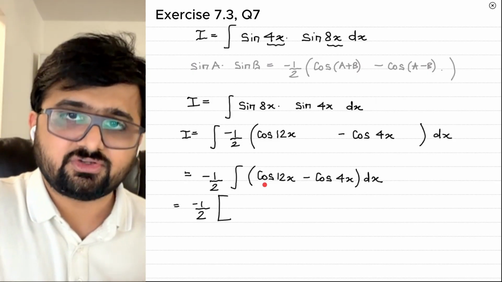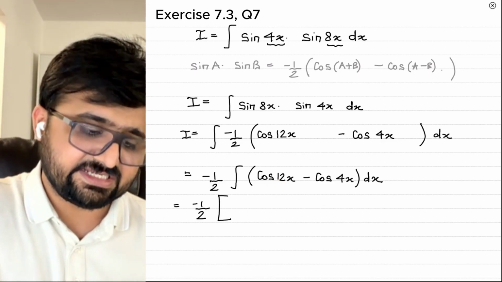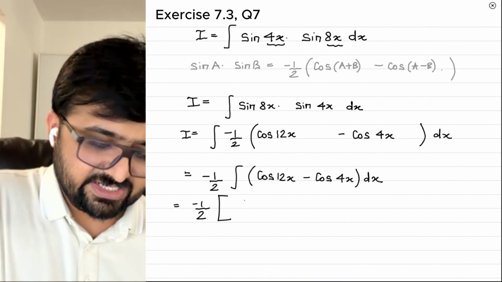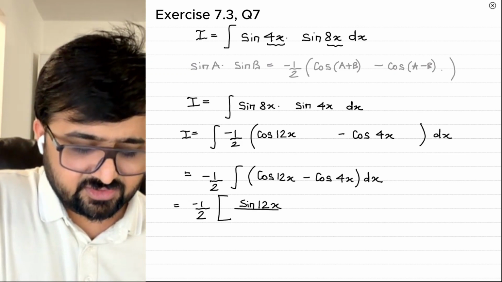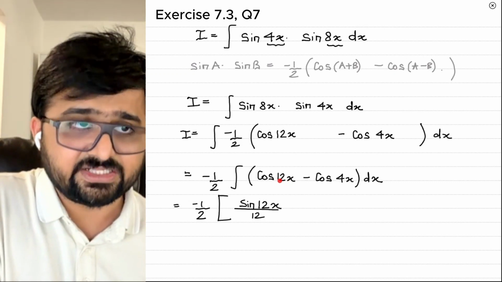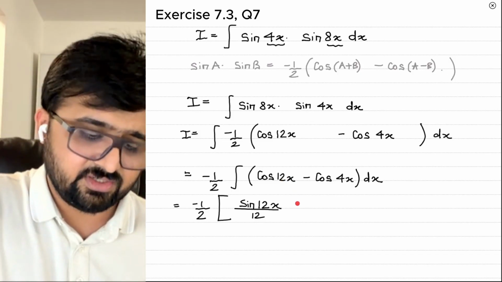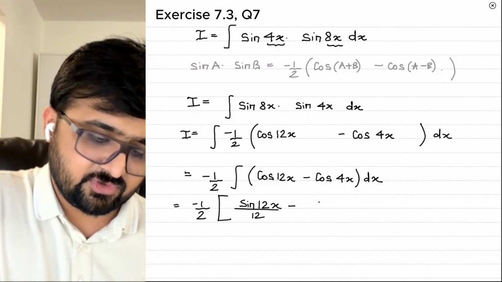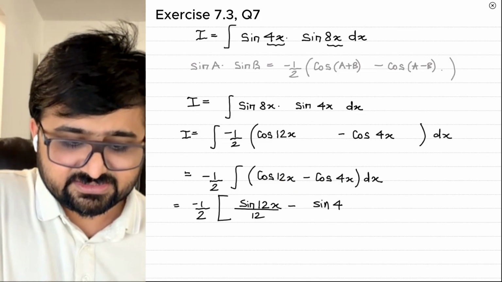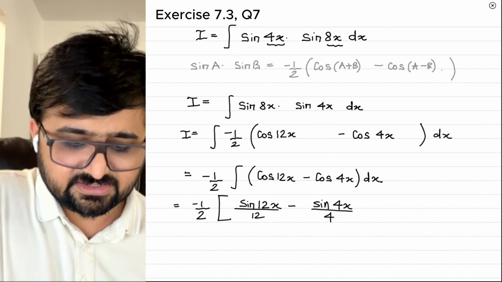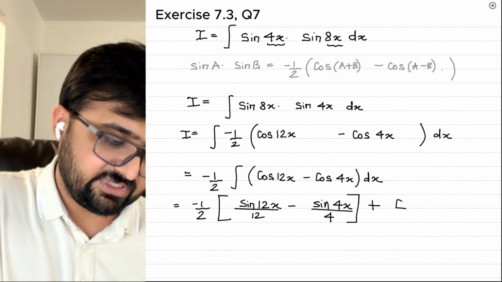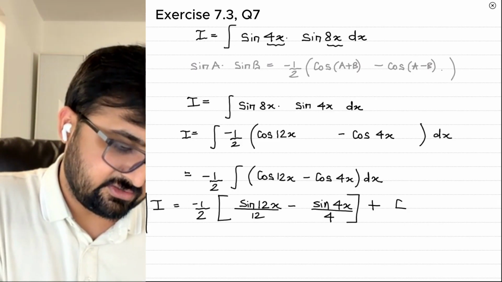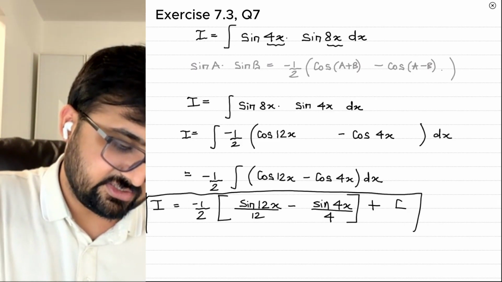We know integration of cos x is sin x, but since this is cos 12x, the integration is sin 12x divided by 12. We always divide by the coefficient of x. Minus integration of cos 4x is sin 4x divided by 4. Close the bracket, add the constant of integration, and that's your final result.